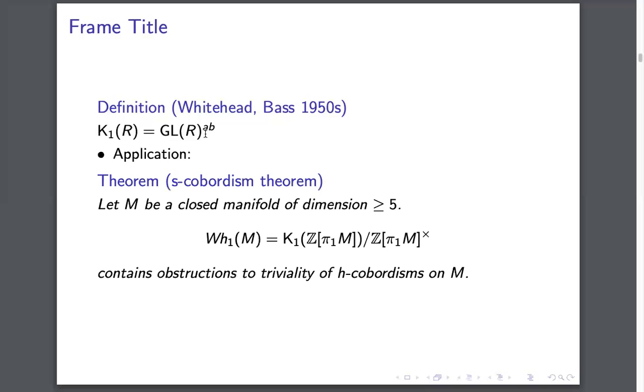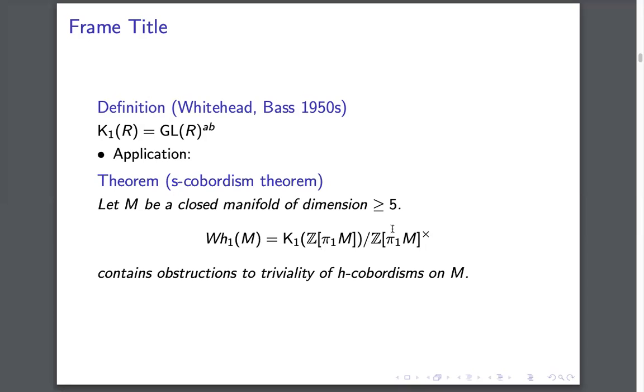And the big application for this result is the S-cobordism theorem. It says that if you have a closed manifold M of dimension larger than or equal to 5, then a quotient of the K1 group appears: you take the K1 of the group ring of the fundamental group of M and you quotient out by the units, which sit inside.